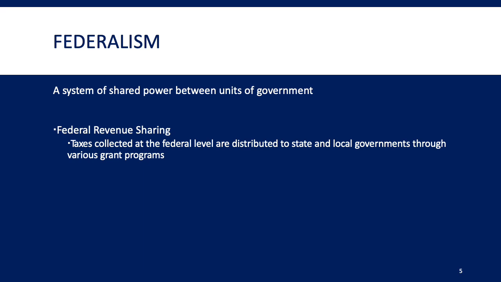Probably poorer states could benefit from these programs, because they contribute a smaller portion of federal income tax since they're not earning as much, but they do receive a greater portion of the funds for federal programs because they need those resources.